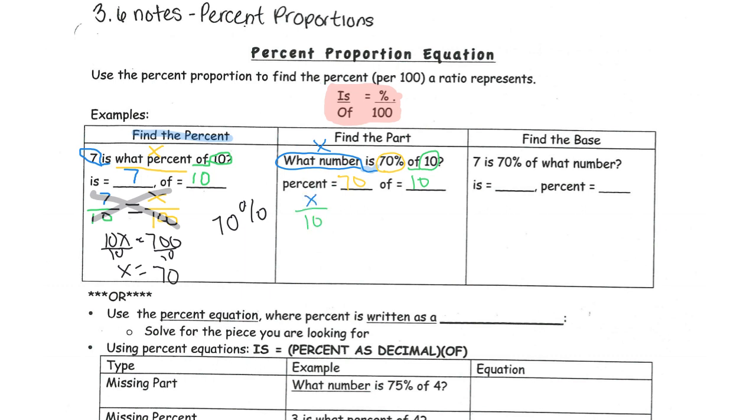We have our of, and we have our percent over 100. Again, we cross multiply. So I'm going to get 100x equals 700. Then we solve that and get x is equal to 7. So our answer is just 7.